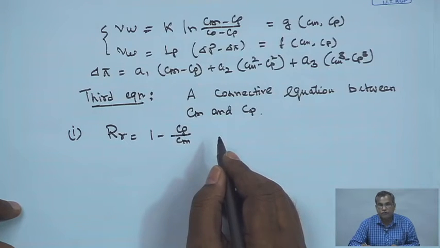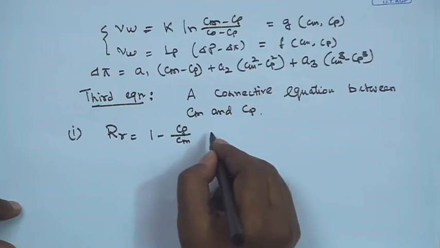As we have discussed already, real retention is an intrinsic parameter of the membrane which connects the concentration of solute on the membrane surface and the concentration of solute on the permeate side, and it is constant for a particular membrane solute solvent system. We have also seen how the real retention of a membrane solute solvent system can be estimated independently by conducting a separate set of experiments. Therefore, real retention can be treated as constant.